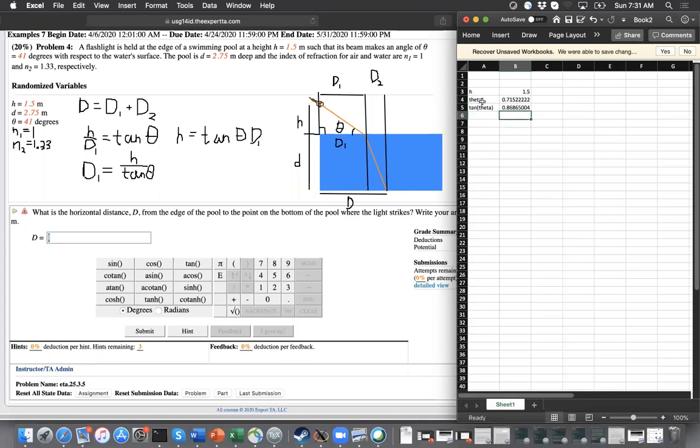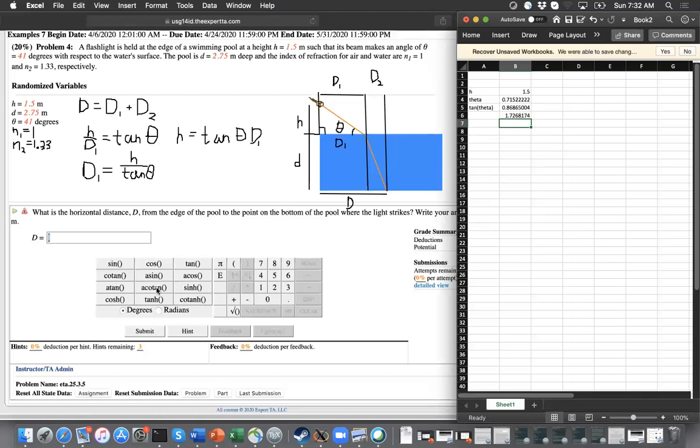Okay. So now all we have to do is take this, multiply it by this, and we get about 1.3. Oops. I multiplied. That was wrong. Take this and divide it by that. Then we get a number of about 1.73.